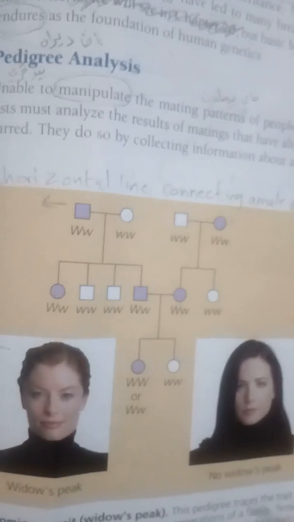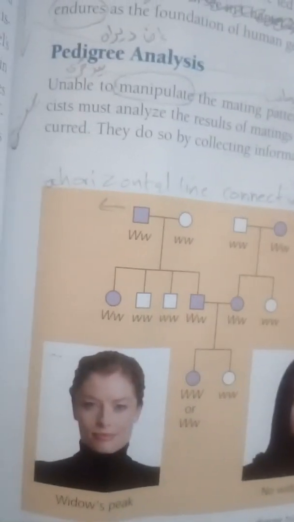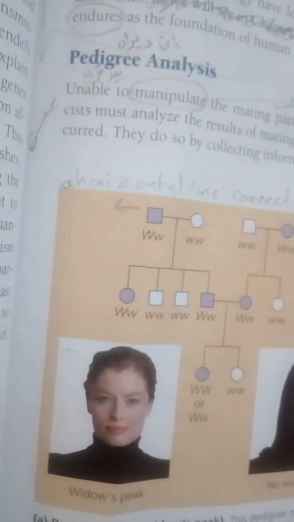Such a pattern of inheritance supports the hypothesis that the trait is due to a dominant allele. If the trait were due to a recessive allele and both parents had the recessive phenotype, then all of their offspring would also have the recessive phenotype.